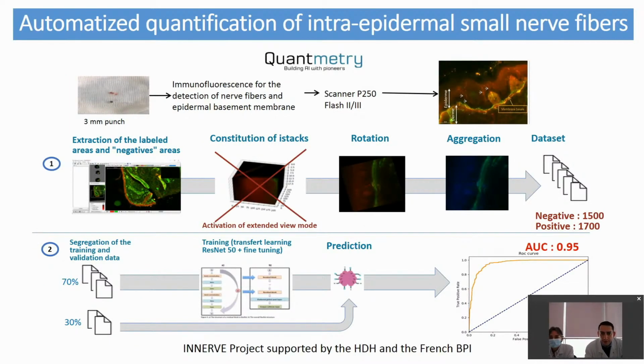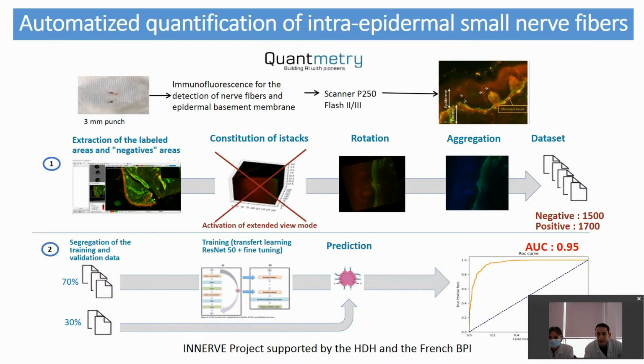Automatized quantification of intraepidermal small nerve fibers will be the last example of AI implementation. Skin biopsy helps to diagnose peripheral neuropathies by quantifying intraepidermal nerve fibers. But the reading takes a long time for the pathologist, approximately 1 hour per patient.